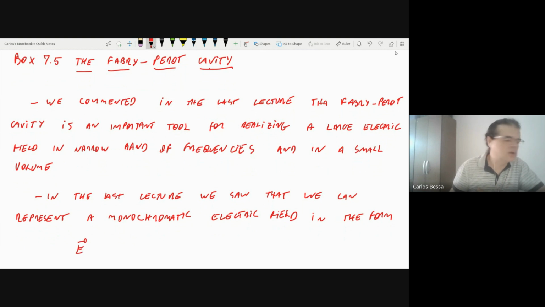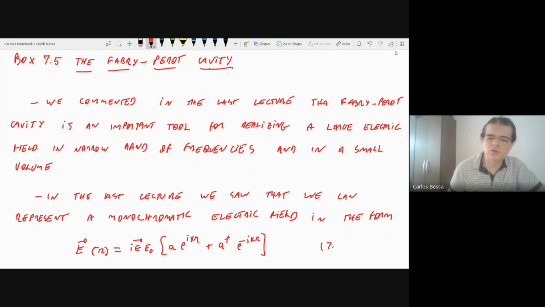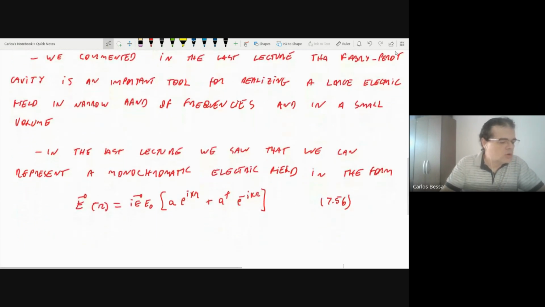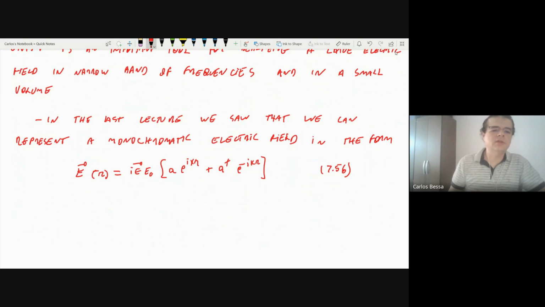E of r, you write in this way, with constants, a, e to the i k r. These are operators, right? The annihilation operator. This is equation 7. Okay, this was where we finished last time.